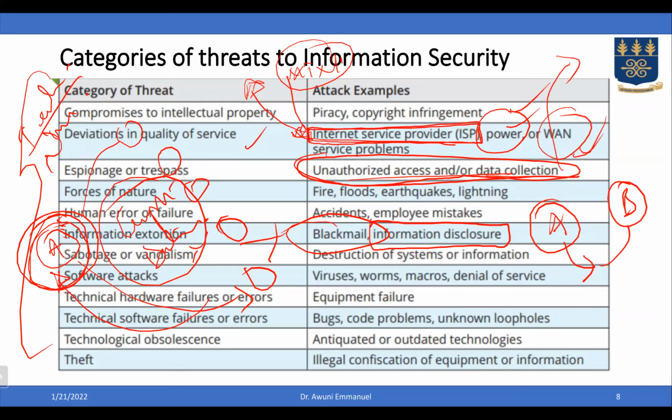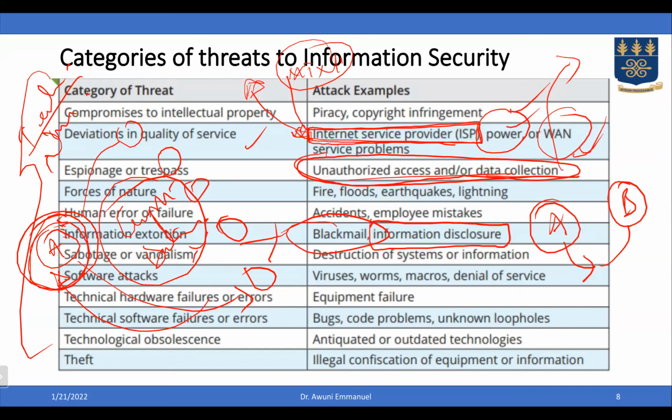Okay. Let me clarify your confusion here. If you talk about illegal confiscation of equipment or information, I can illegally confiscate it, but I don't have any interest in collecting money. I'm just interested in confiscating it. Maybe I work for Bank A, or Bank A has contracted me to do something that will make your business not run smoothly. All he's interested in is to make it ineffective. He can even decide to make it such that legitimate users accessing their system will not be able to access the system.